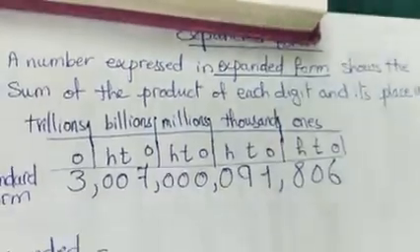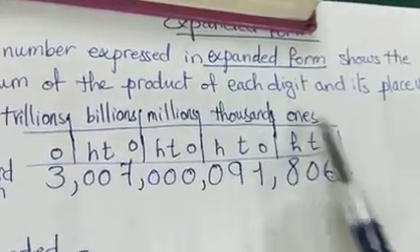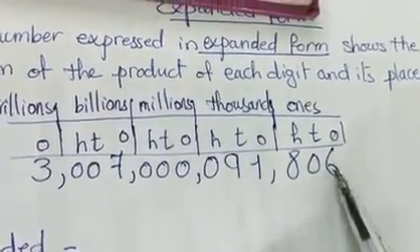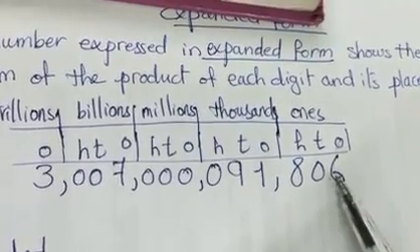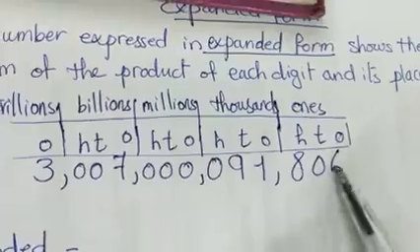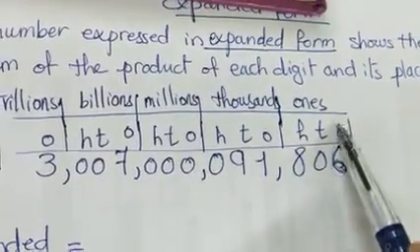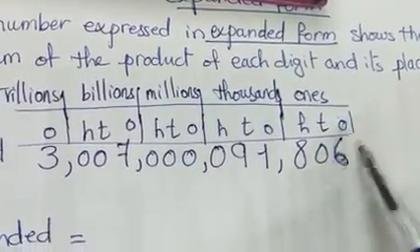It means that if I have the 6 here in the ones place, it will be 6 times 1, the product of the digit 6 and the place value, which is ones, and it gives me 6.